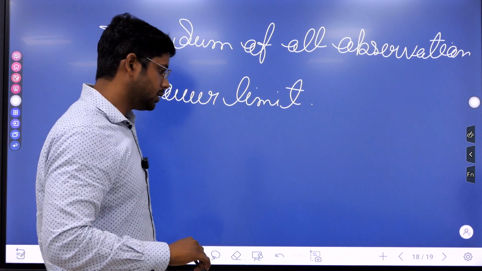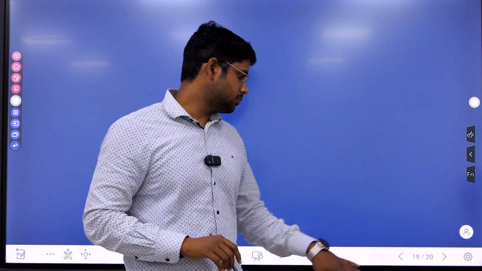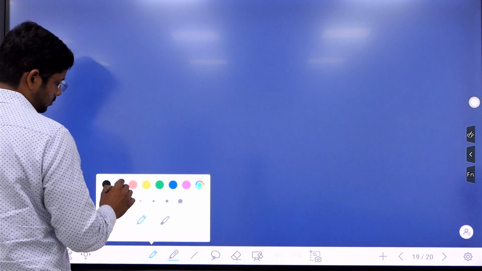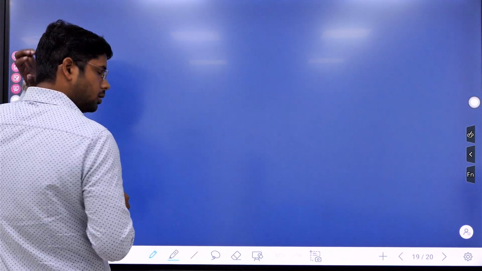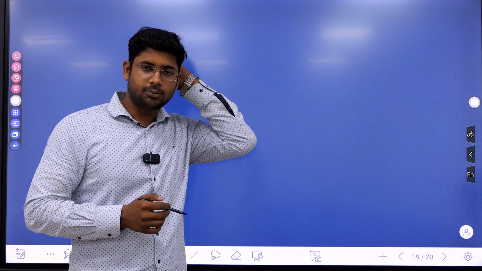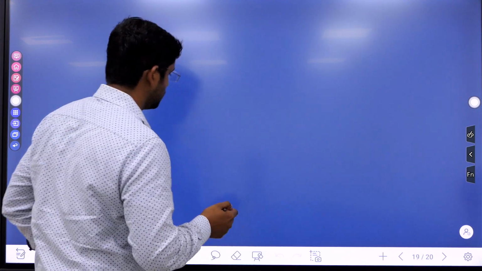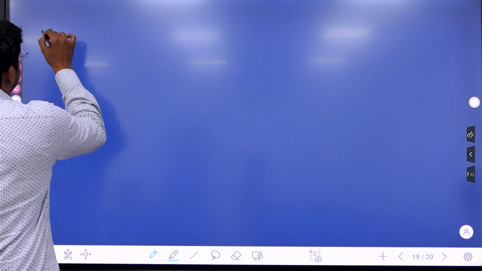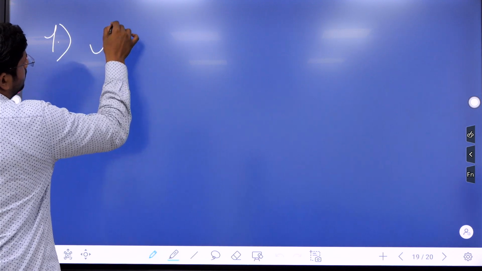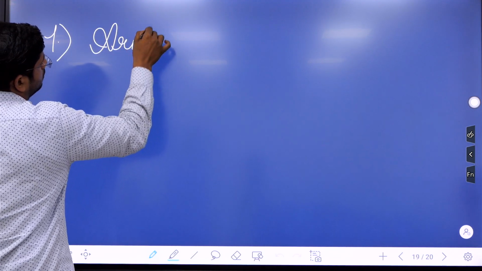So first I will take the first method, which is the direct method, also called the arithmetic mean method, along with the step deviation method and the assumed mean method. First, what is the arithmetic mean formula?